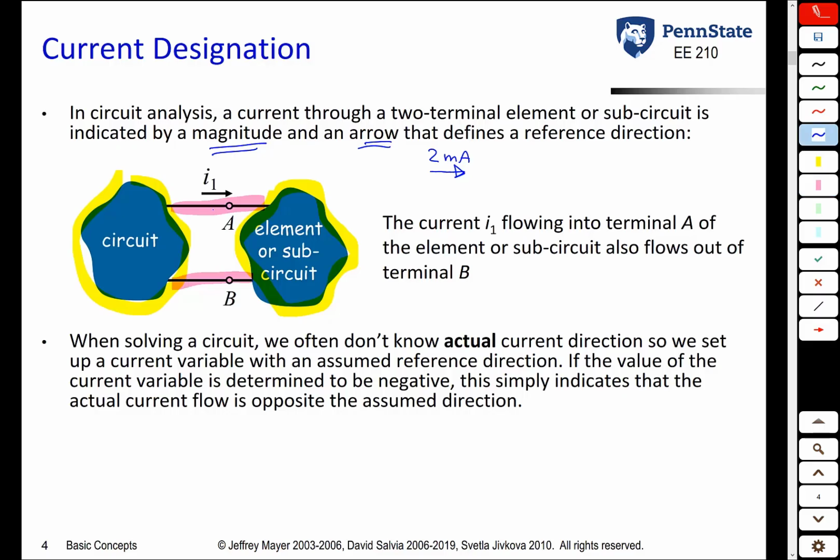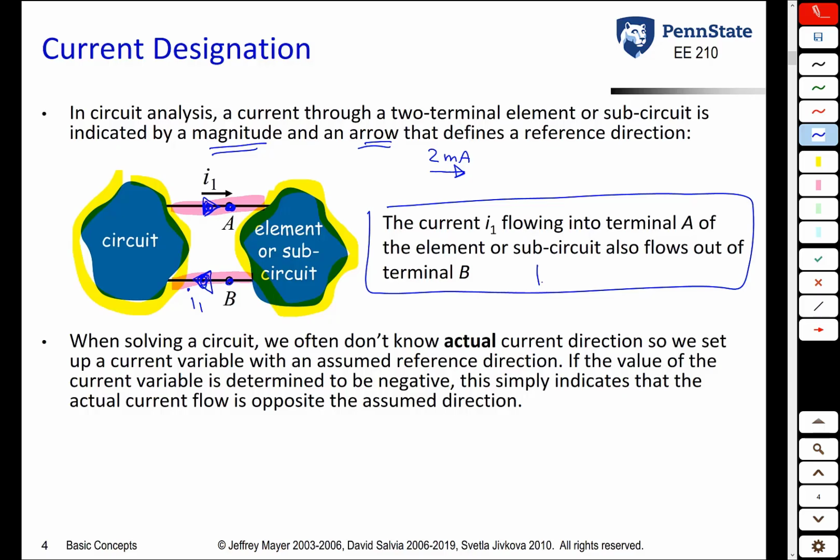If the current in this wire, let's say it's I1, turns out that the current in the other connecting wire is also I1 going the other direction. So the current flowing into, let's say, terminal A is the same as the current flowing out of terminal B if those are the only two wires connected to that part of the circuit. We're going to talk about this later, but I did want to mention it now.